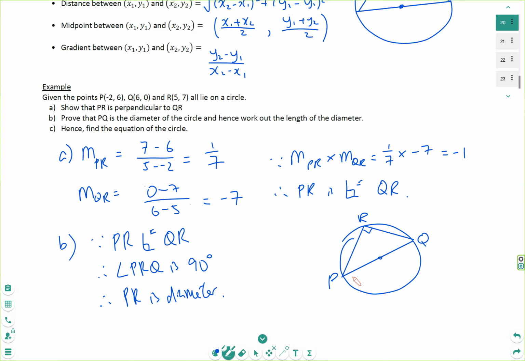For this to be a right angle, PQ has to be a diameter because of the circle theorem. Next part: we've proved PQ is the diameter of the circle. Hence, work out the length of the diameter.